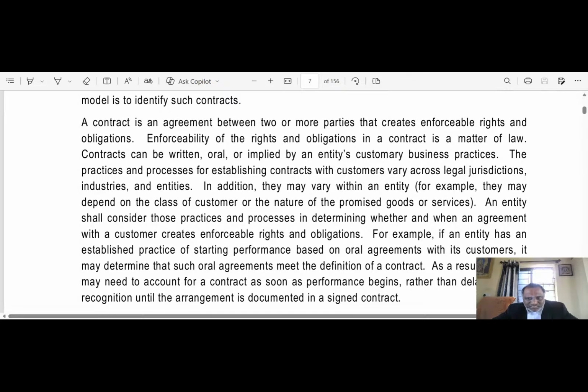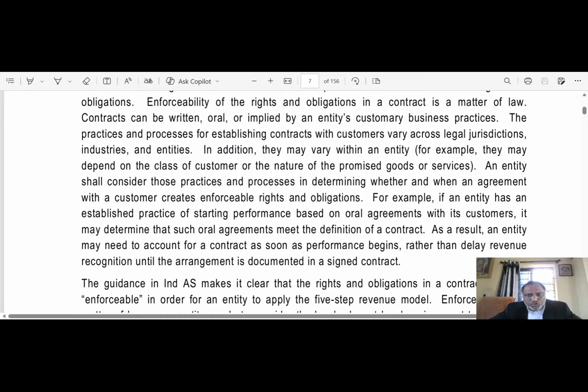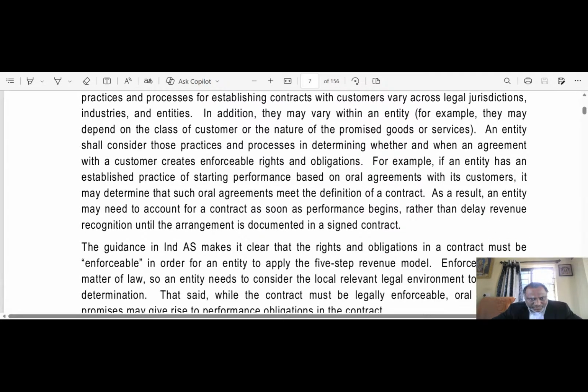As a result, an entity may need to account for a contract as soon as performance begins rather than delay revenue recognition until the arrangement is documented in a signed contract.